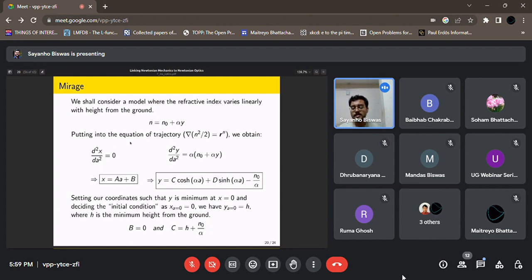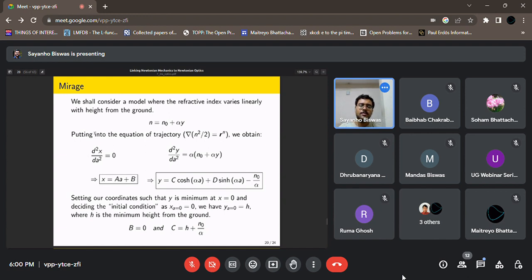What is this h? h is the minimum height. Therefore, we have two equations: x at a equal to 0 is 0 and y at a equal to 0 is h. From these two equations, we substitute into the above two boxed equations and we can clearly find two of the constants out of four. We have found two constants, and two more are left which we have to find.